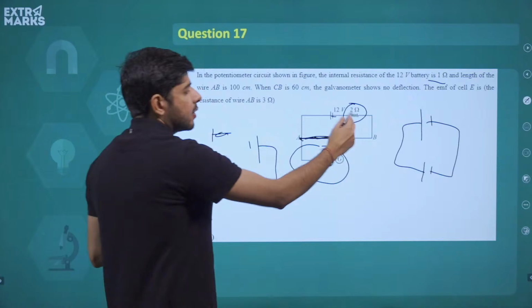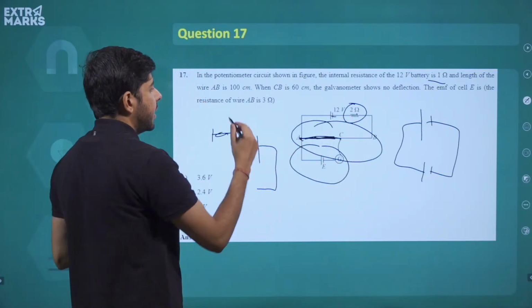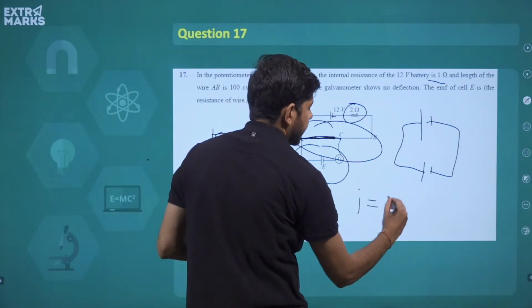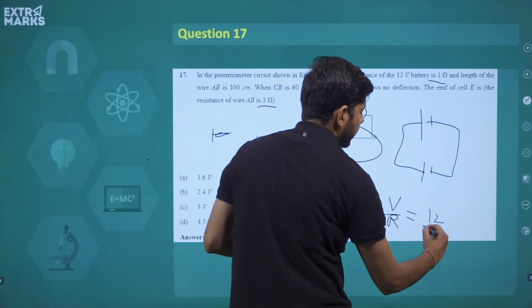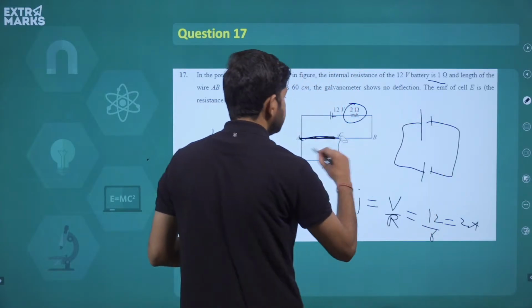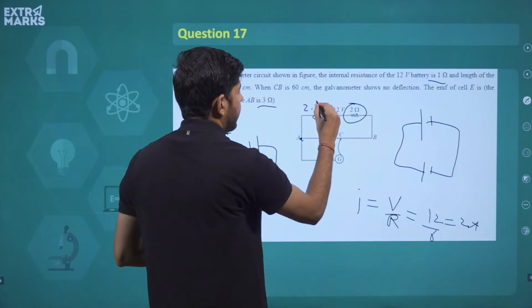So total resistance is 2 plus 1, 3, plus the potentiometer wire also has resistance, and that is 3. So total resistance is 6. So what is the current here? Current is V by R. What is V? V is 12. 12 by 6, 2 ampere. So guys, the current in the circuit is 2 ampere, right?